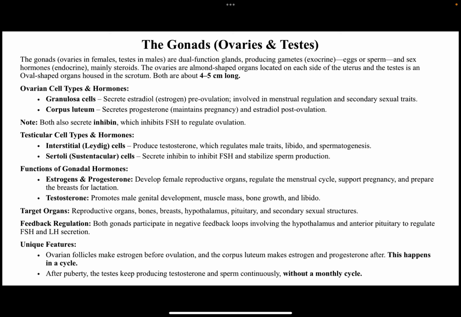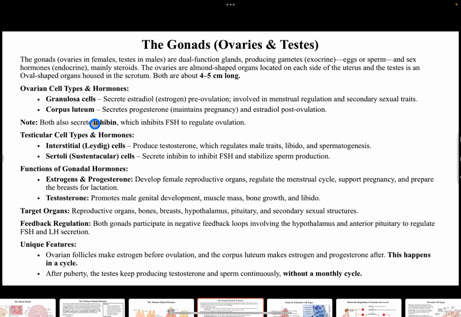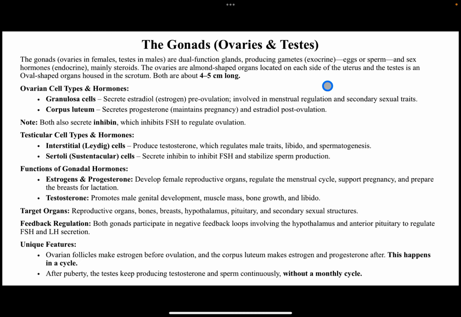Now let's look at the functions of the gonadal hormones in general. For the ovarian cell types, we spoke about estrogen, which is produced by the granulosa cells and is involved in menstrual regulation and female secondary sexual traits.